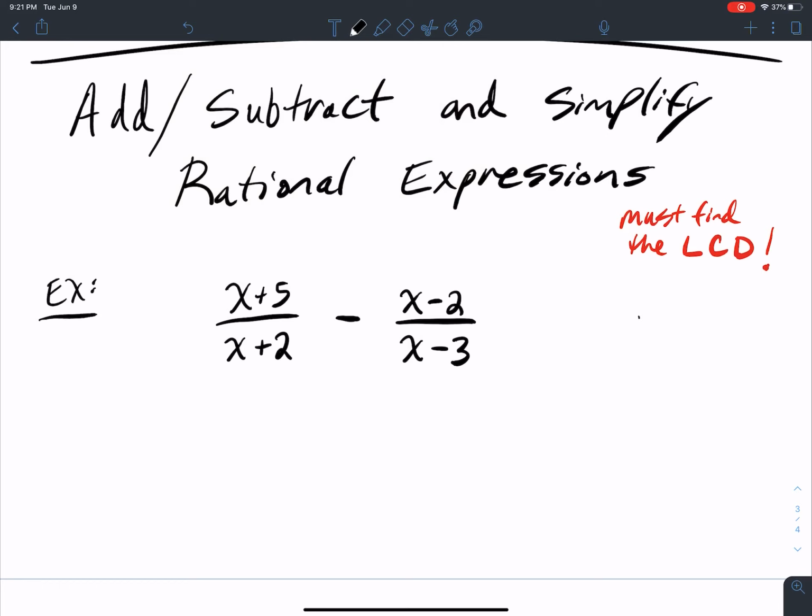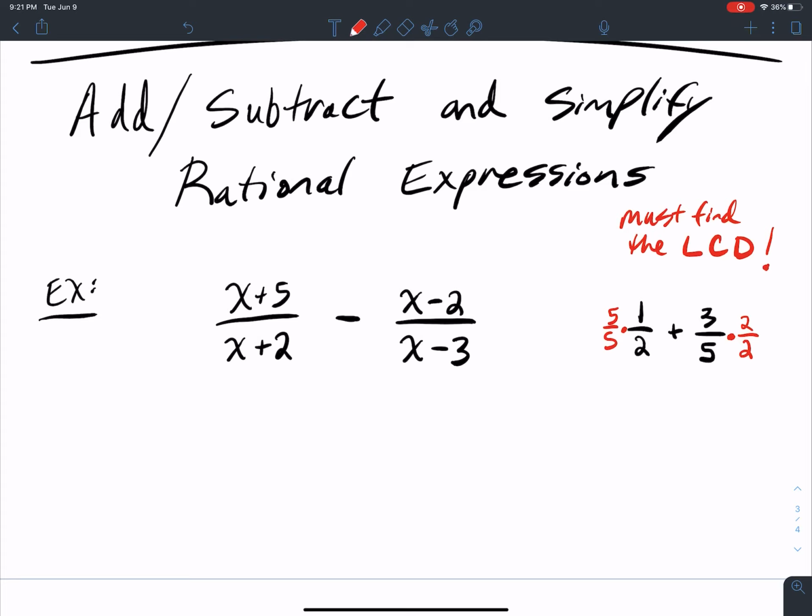So say I had 1 over 2 plus 3 over 5, okay? In order to have the same least common denominator here, I'd have to multiply the top and bottom here by 5 and the top and bottom here by 2.